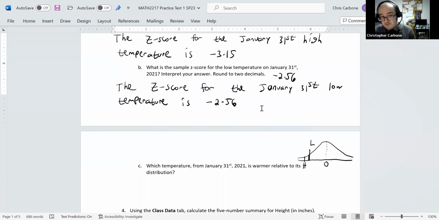So the one that's warmer relative to its distribution would be the low temperature. And why is that? That is because its z-score is higher.